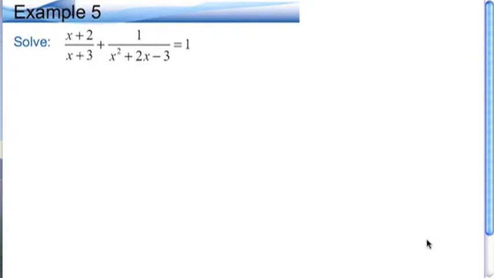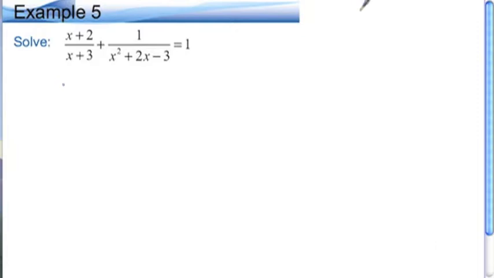So let's take a look at this example. We have (x plus 2) over (x plus 3) plus 1 over (x squared plus 2x minus 3), all equal to 1. The first thing we want to do is factor the denominators so that we can see what we need to multiply by as the least common denominator.